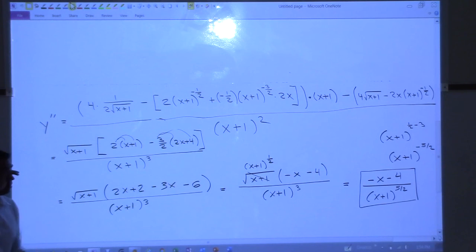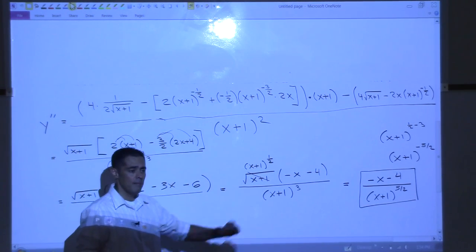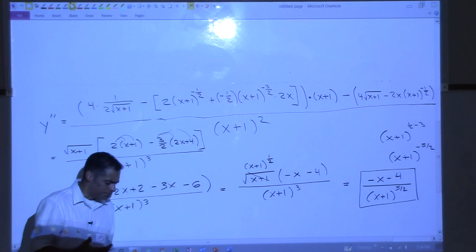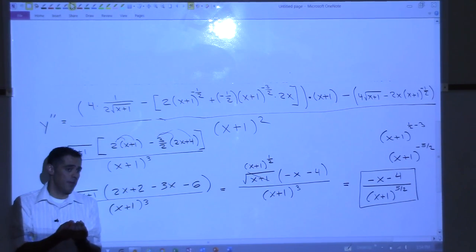So do you know now kind of what I'm saying about when you look at the back of the book, you're going to see an answer, you're going to go, whoa, right? And I'm challenging you to see if you can do the algebra to get you to that final spot. Because, like I said, taking the derivative is one thing. We want to be able to do something with this.